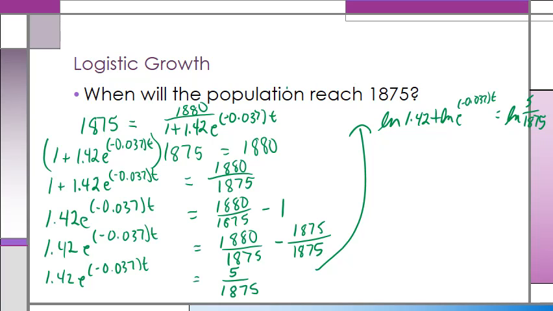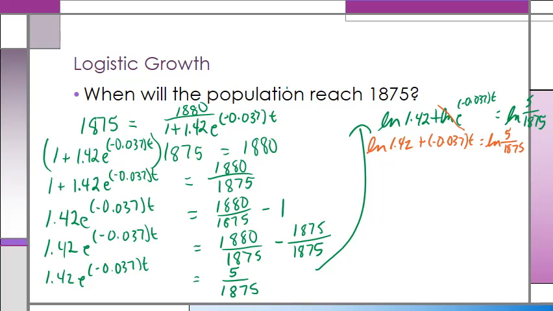Well, my ln and my e's are going to cancel right here. So then I've got ln 1.42 plus negative 0.037t equals ln 5 over 1875.